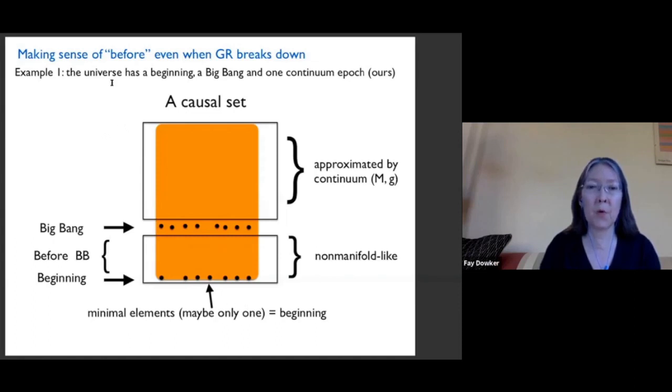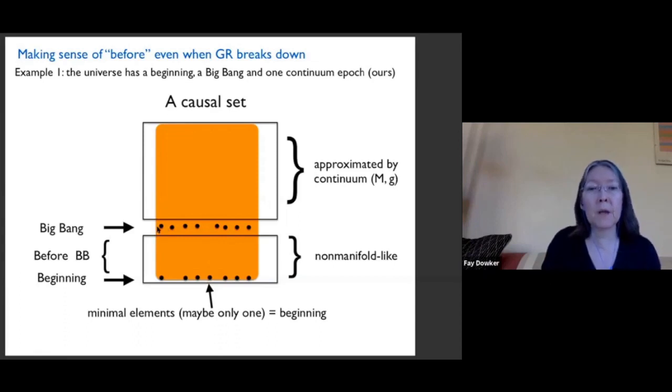So down here is before and up here is after. And this causal set has a number of minimal elements, or they could just be 1. And on top of those minimal elements, there's a portion of the causal set which is not manifold-like. Some non-manifold-like business is going on.